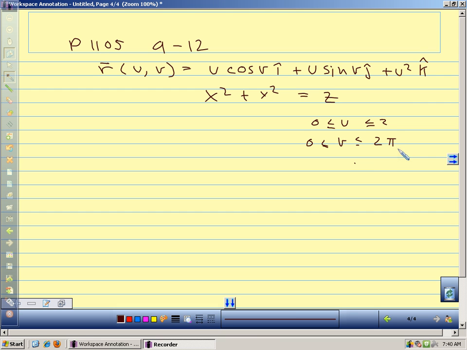On number 11, we go 0 less than or equal to u less than or equal to 3. So this is going to be taller, exactly. Number 12, our surface is 4u cosine v i plus 4u sine v j plus u squared k. So our paraboloid is going to be wider.